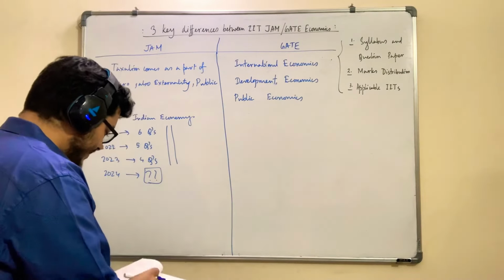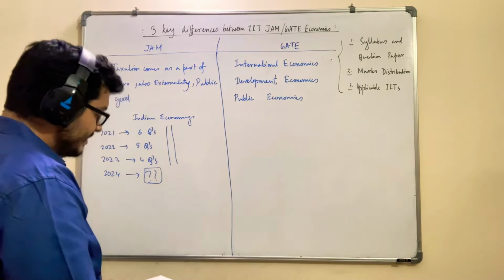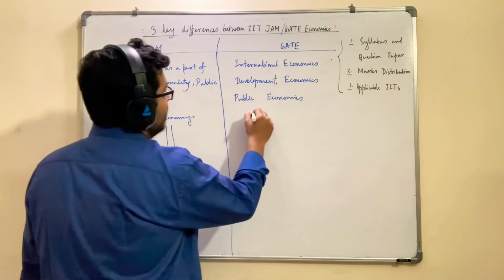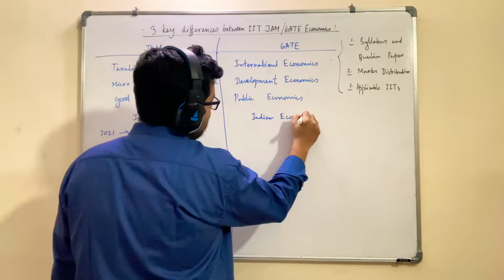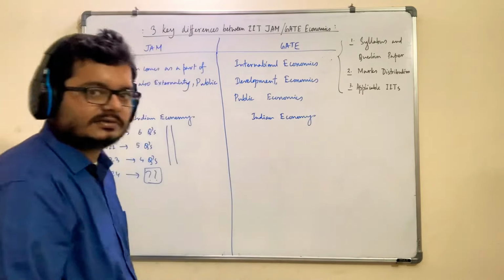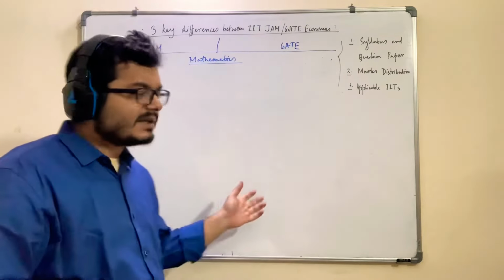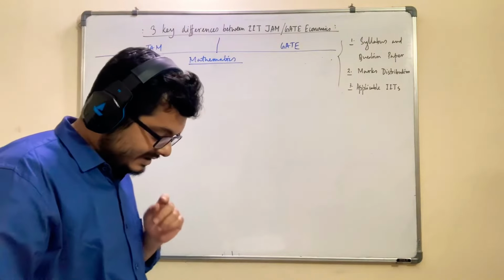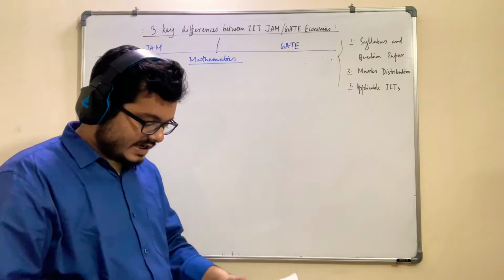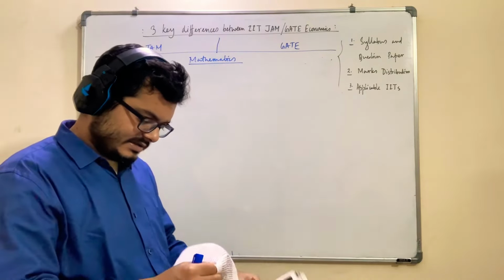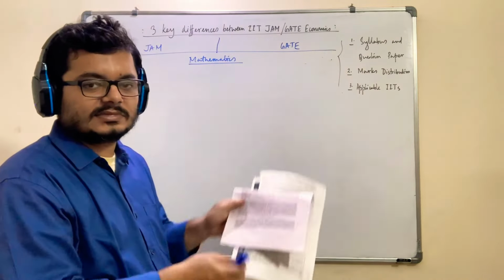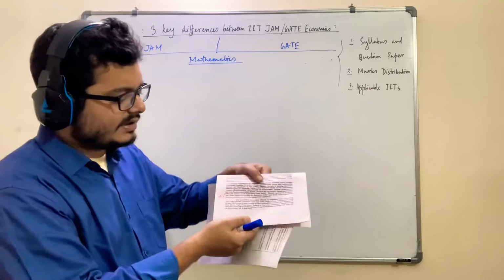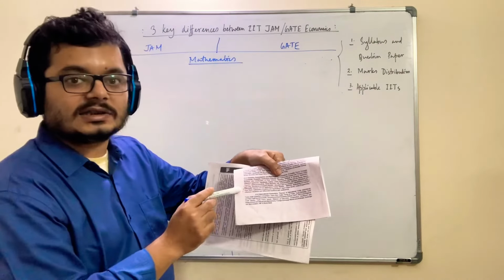Okay. Now, when it comes to GATE, well, they are far more serious, so we should study accordingly. So in mathematics, if you look at the syllabus of GATE, there are only 3 lines here. If you look at the GATE syllabus, there are only 3 lines.